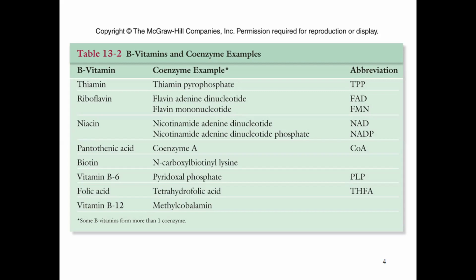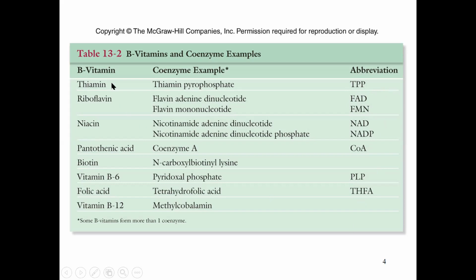So very similar and can be confusing. A lot of times when you are looking at graphs, even in your chapter, they're not going to write out the whole coenzyme name, especially when they're describing a chemical reaction for which this is a coenzyme. They're going to use the abbreviation, which is shown here.